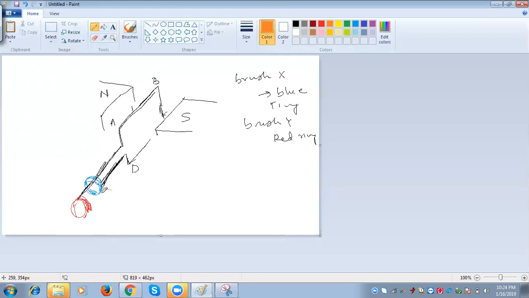Brush X and this is brush Y, and here is a bulb.